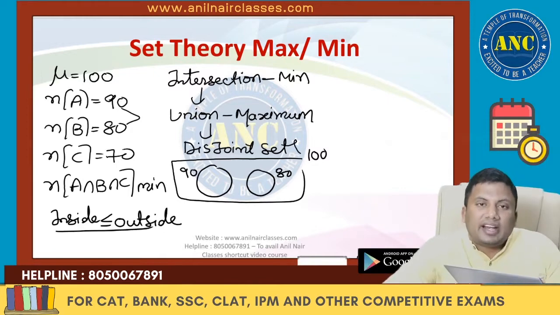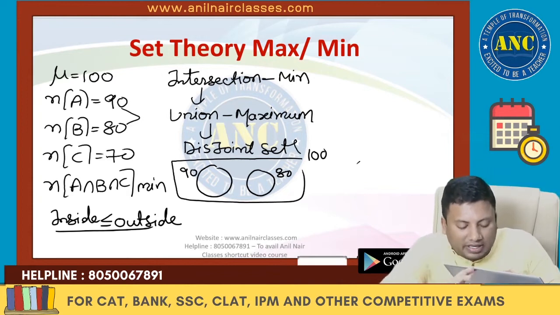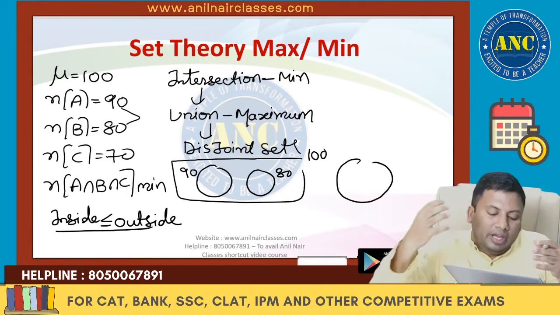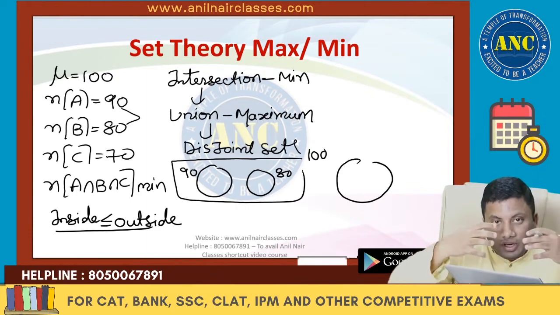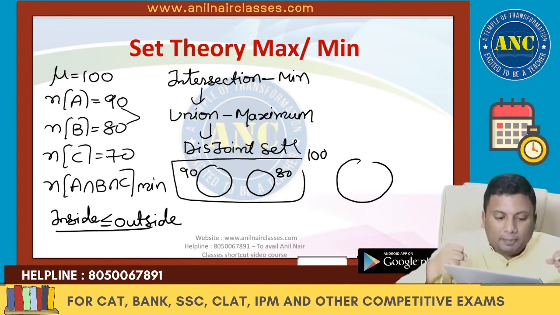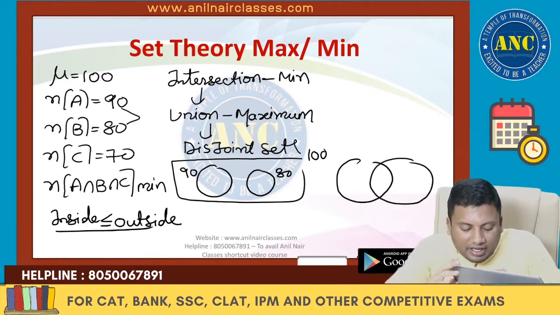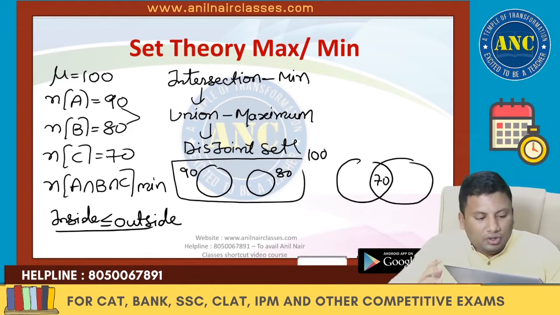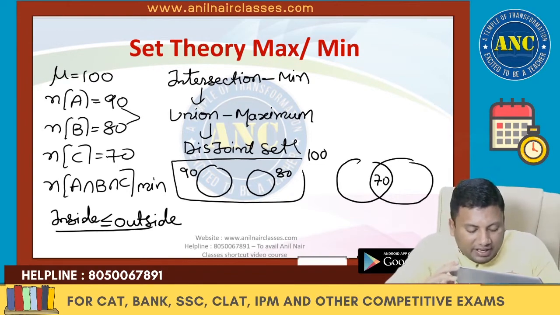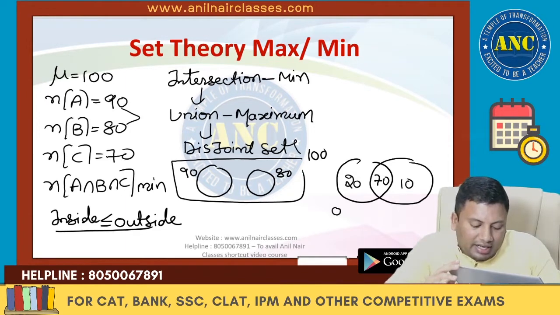So inside it is 170, outside it is 100. Union is maximum when the intersection is minimum, so make them separate: 170, which is greater than 100. That means 70 should be the value that is combined. If 70 is combined, this is 20, this is 10 and this is 0. Are you all with me?